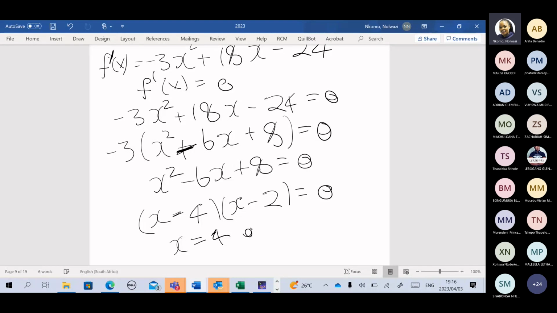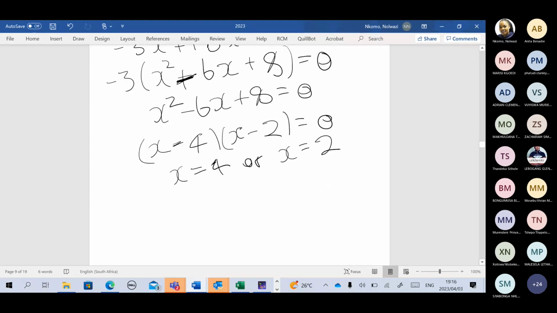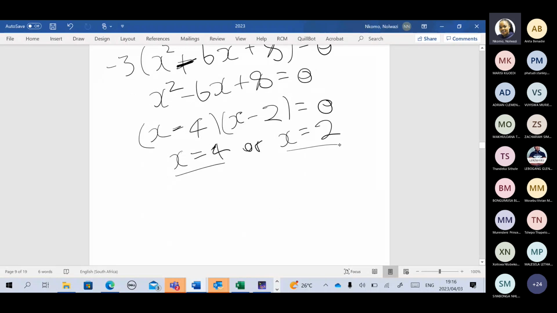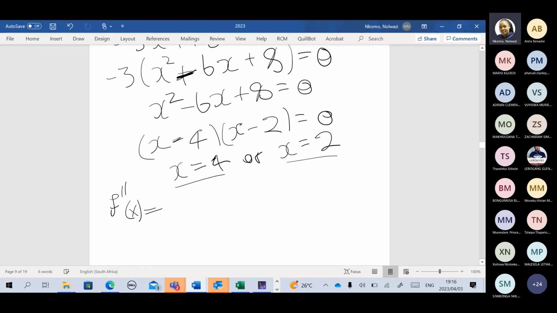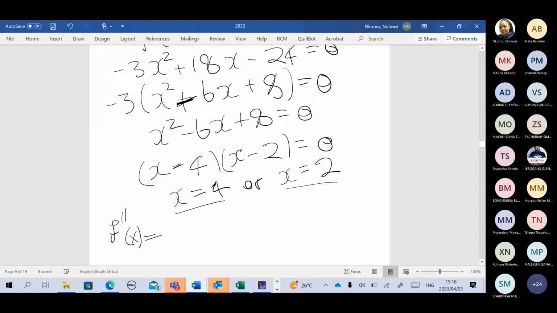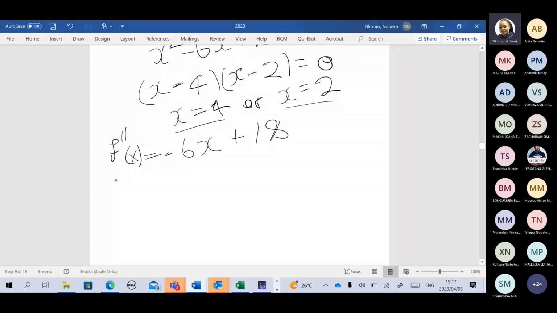The next step is to find the second derivative. If the first derivative is minus 3x squared plus 18x minus 24, then the second derivative will be minus 6x plus 18, right? We substitute our points on the second derivative. If we substitute, we'll have f prime prime at 4.